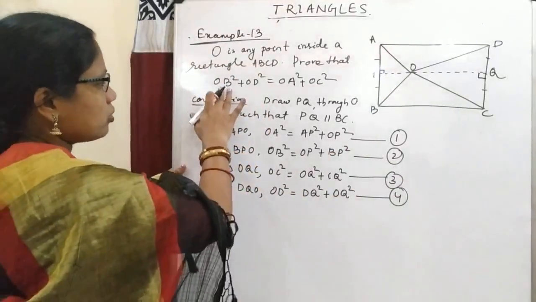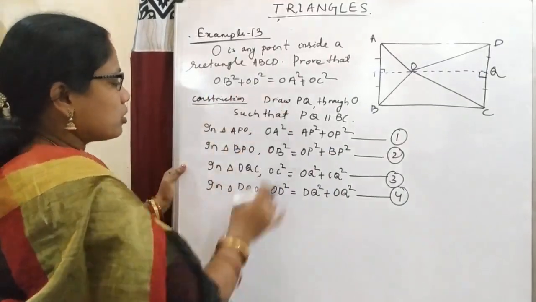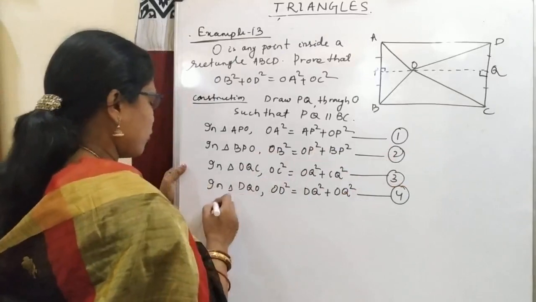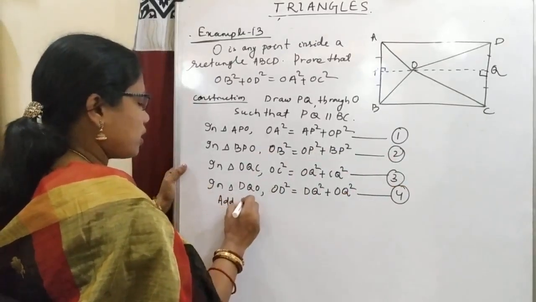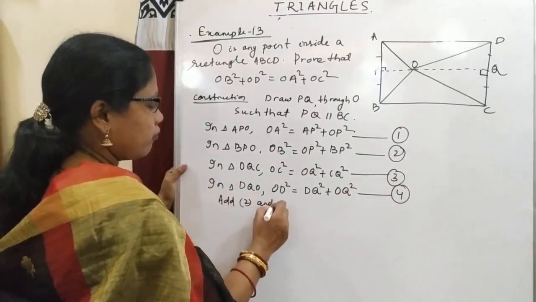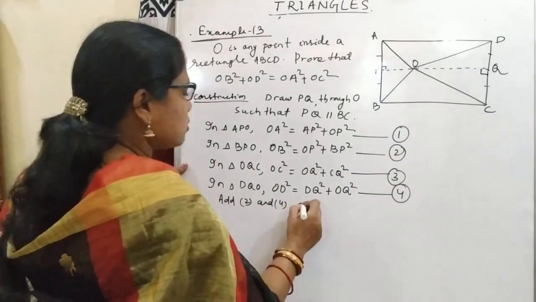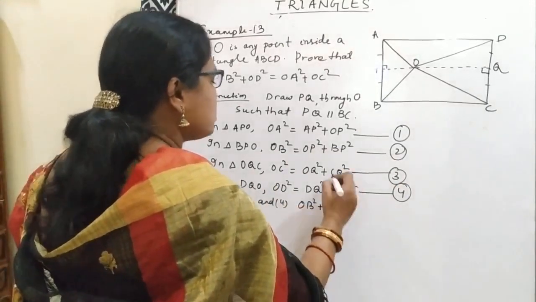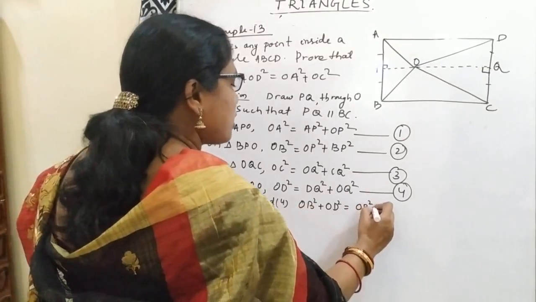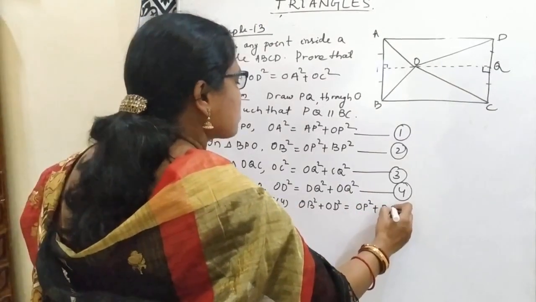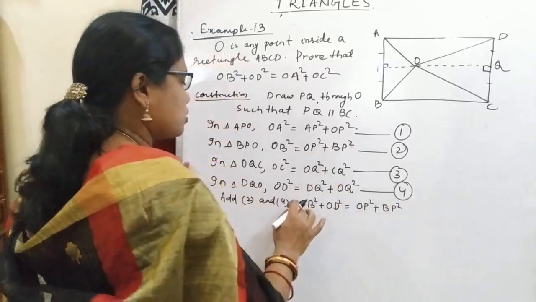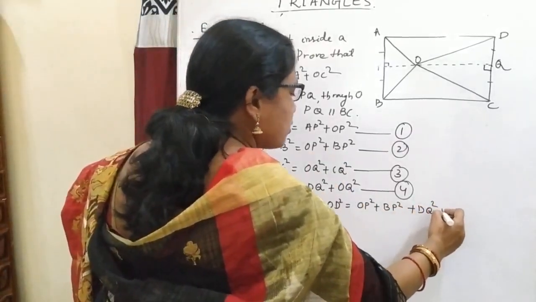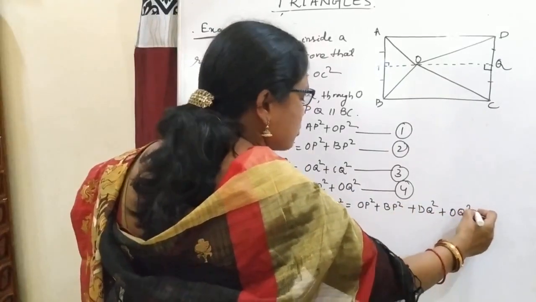So here the question is to find OB square plus OD square. So we have to add equations 2 and 4. That is, OB square plus OD square is equal to OP square plus BP square plus DQ square plus OQ square.